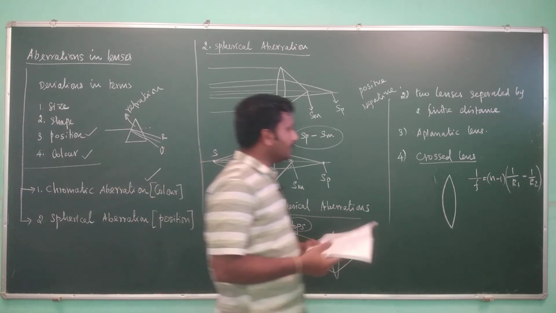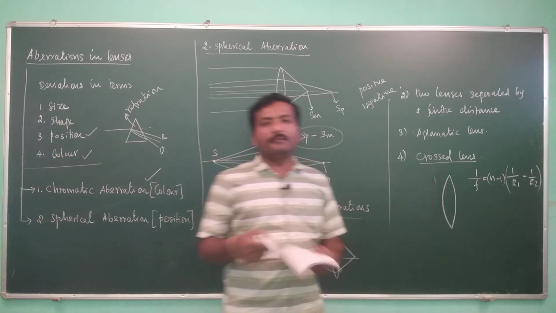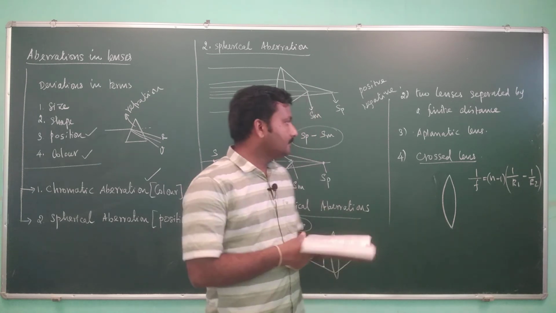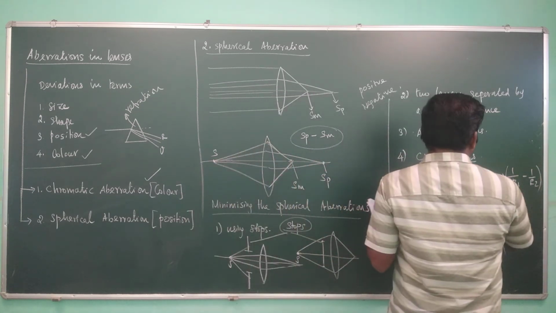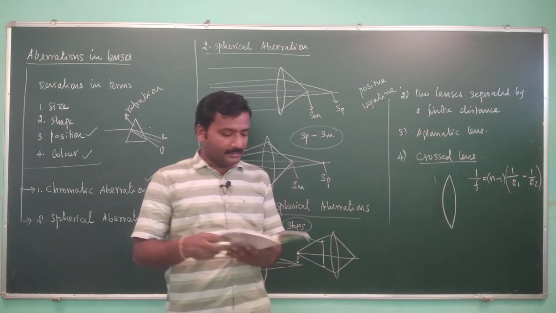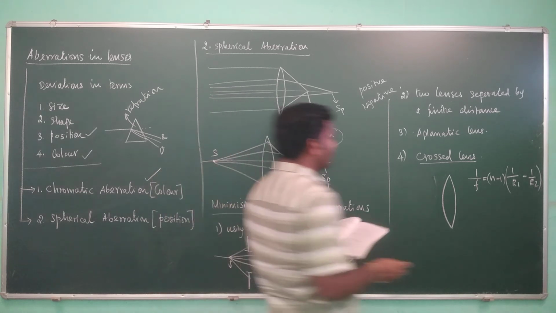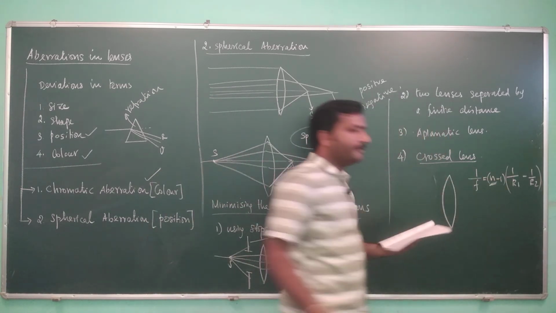Now, the focal point of a particular lens system depends upon the radius of curvature and the refractive index. Hence, the spherical aberration will also depend on the wavelength of the light.